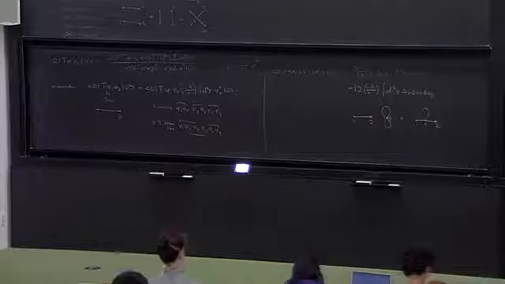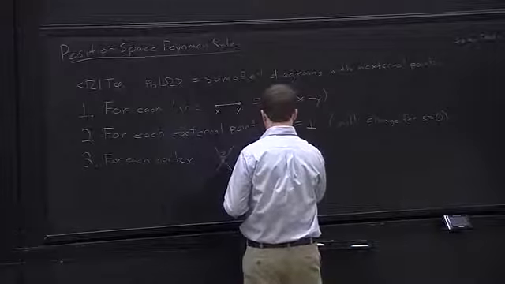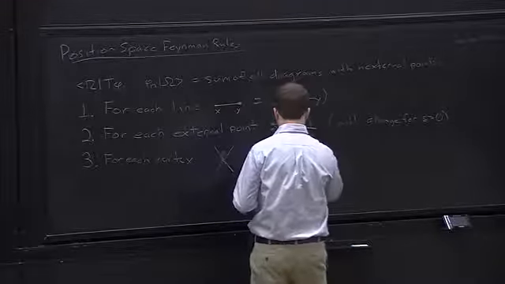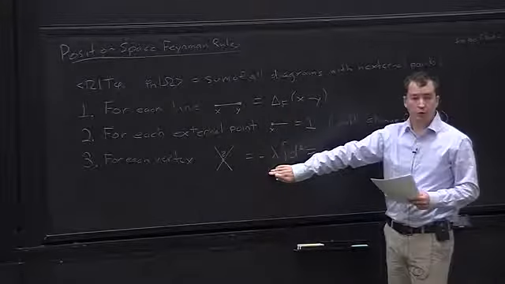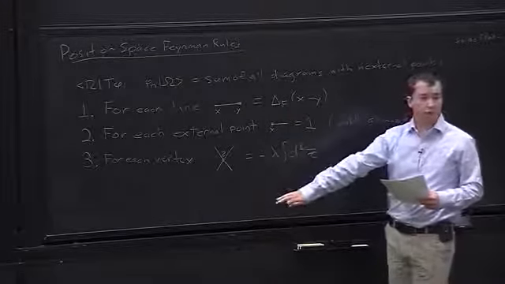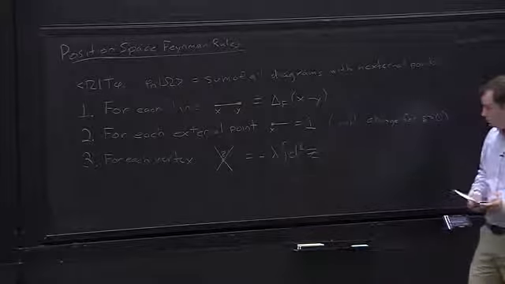So for each vertex, we get a factor of minus i lambda times an integral over the location of the vertex. I'm not including the numerical factors.